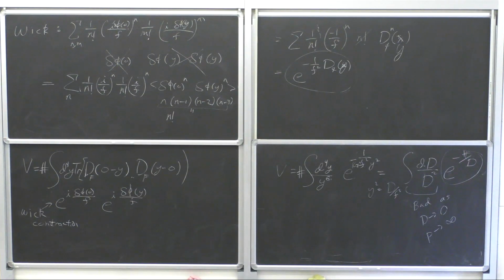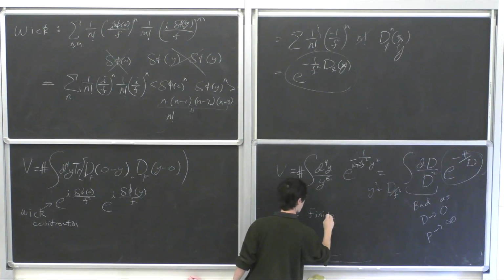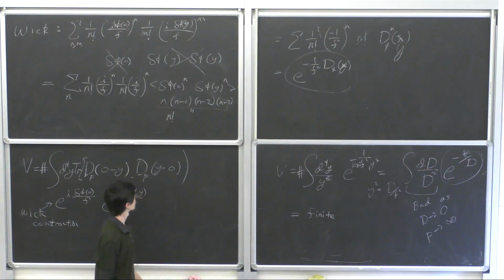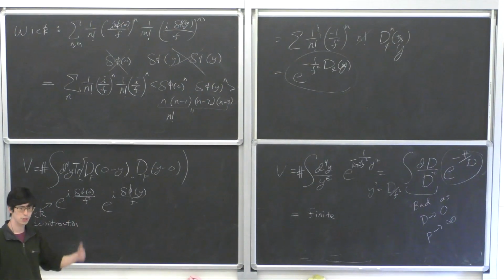Now it has good D goes to 0 behavior, because e to the 1 over 0 is infinity. So e to the minus infinity beats out any polynomial divergence you have here. And so you actually just get a finite answer. So the mass of the scalar in our Yukawa coupled theory, if you have a sine coupling instead of just a linear term, you get a finite answer.